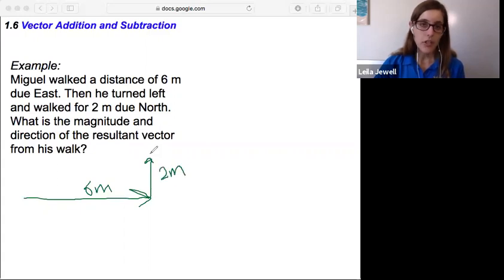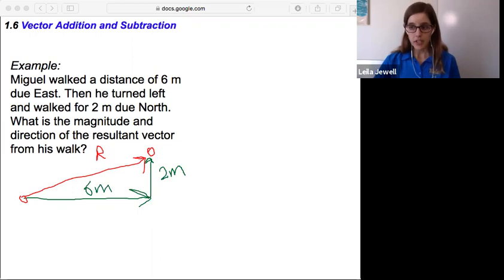And the vectors automatically, if you just follow it like a path of the person, they're already lined up so that the tip of one is pointing to the tail of the other. That's great news, because it means we can now draw our resultant to start at the original tail, the original start point, to the final tip. That's our final end point. So we're going to connect those 2 dots with the arrows lining up.